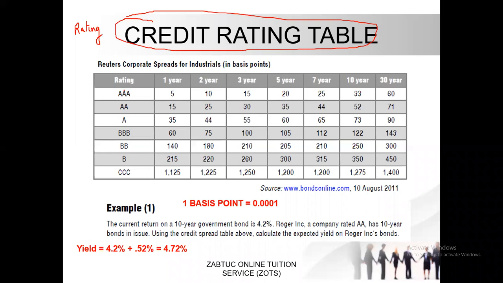So, if a company has been rated to be AAA, and they have got a loan which is expiring 30 years from now, for a AAA company, their credit spread is 60 basis points. Basis points. 1 basis point is 0.001.